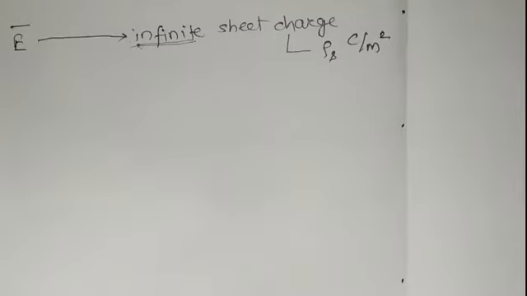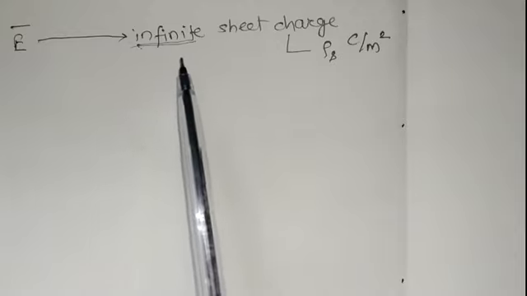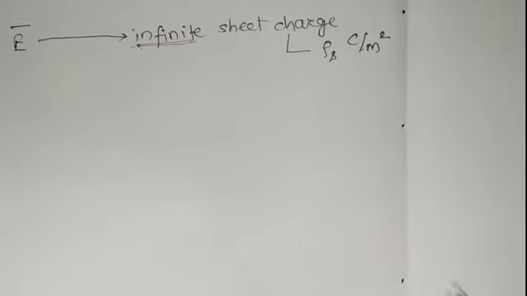So students, in the previous problem, to derive the value of E for the infinite line charge, we considered the three-dimensional rectangular coordinate system, or Cartesian coordinate system. But to solve this problem, to find the value of E bar for the infinite sheet charge, we consider the cylindrical coordinate system.